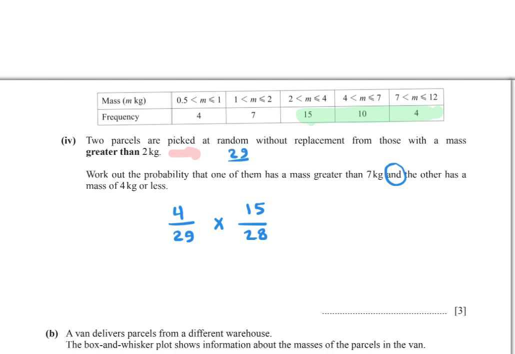And because the order does matter, we can choose the one with mass greater than 7 first, or the one with mass 4 kg or less first, so multiply by 2, which equals 30 over 203.